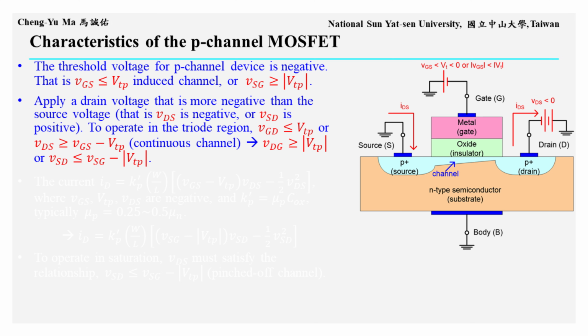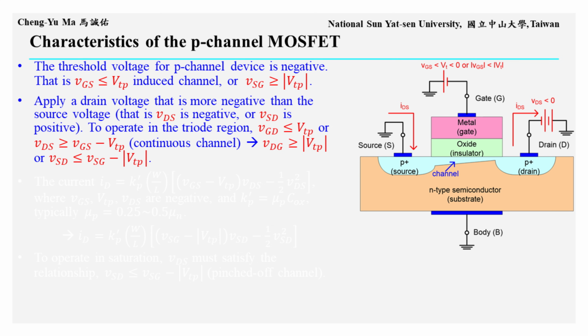When a negative drain-to-source voltage is applied to a PMOSFET, the triode region condition can be written in the negative voltage form as VGD less than VTP, or VDS greater than VGS minus VTP. This means the whole channel near the drain has not been pinched off. The oxide voltage near the drain is still more negative than VTP, so the channel remains continuous.